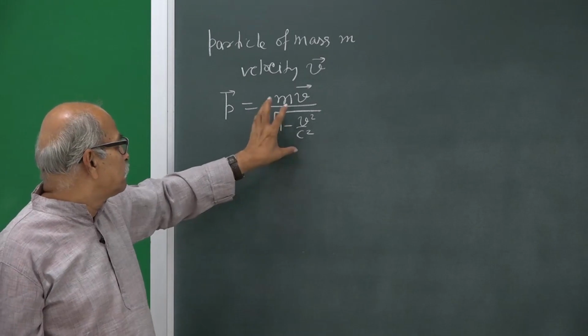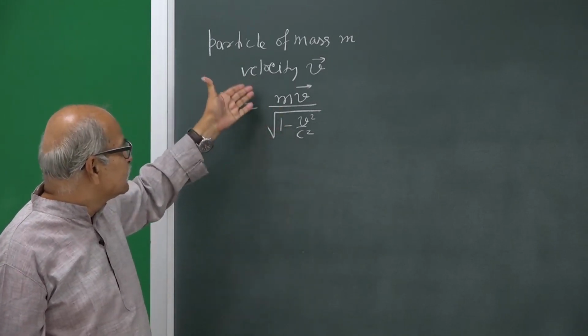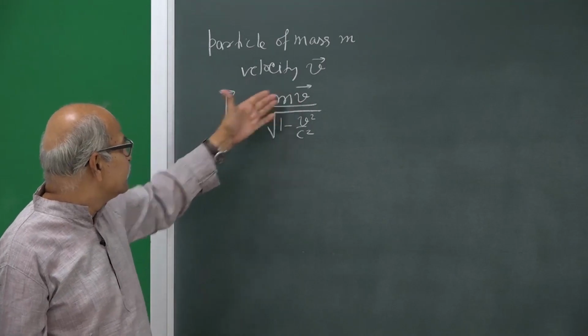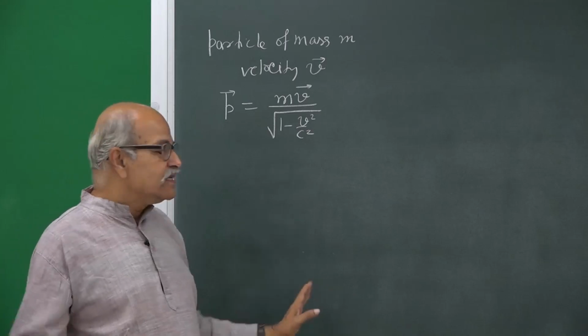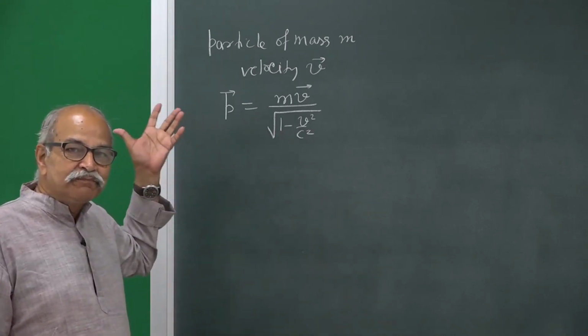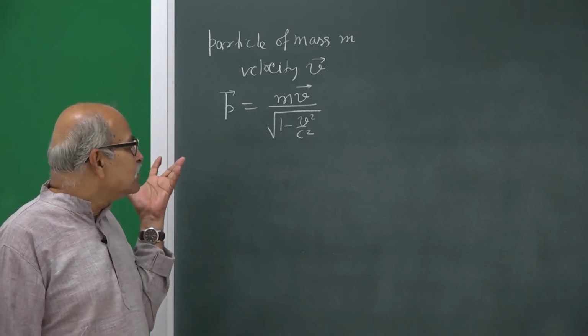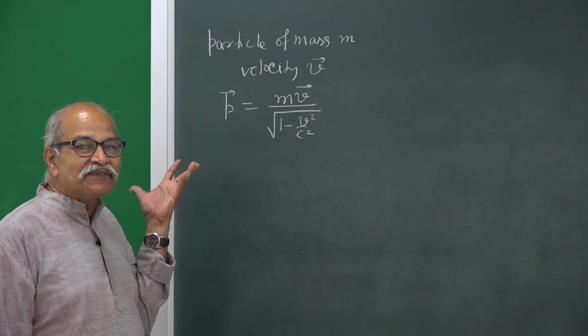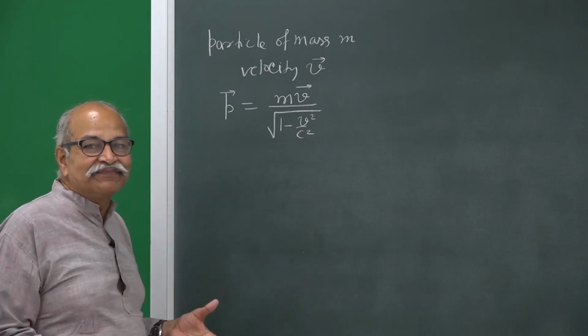Now, this redefinition of linear momentum, with dependence on velocity in this particular fashion, works very well in all conditions, and therefore we stick to it. But people are somehow tuned towards that old definition p equal to mv, and they want to preserve that.